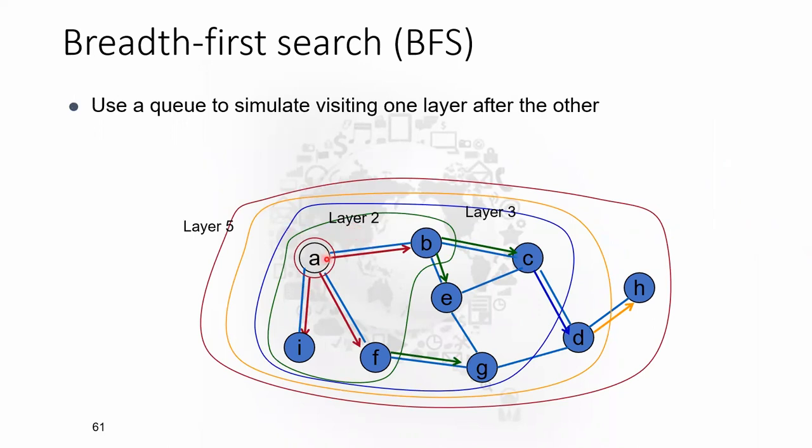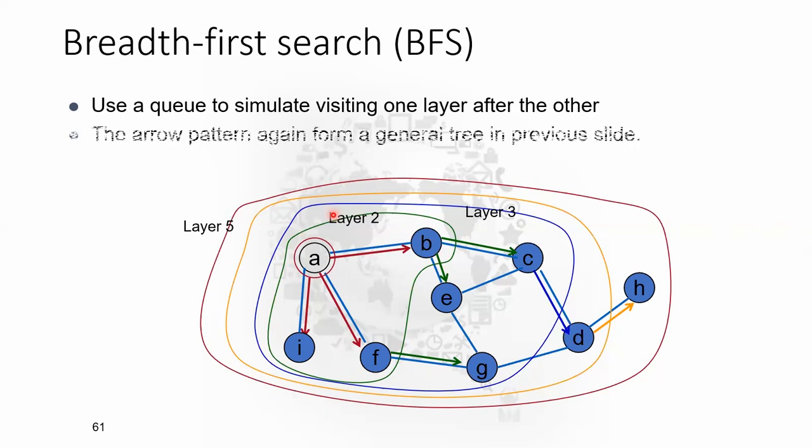Layer 2 would be the adjacent layer that is connected to A, so here I, F, and also B, because only I, F, and B are connected to A. Then layer 3 is the layer circled in blue that is connected to B and I and F, which is E, C, and also G, because G is connected to F, E is connected to B, and C is connected to B.